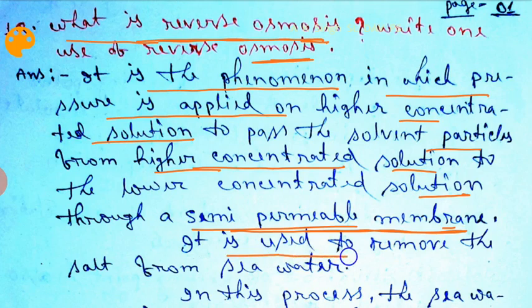It is used to remove the salt from seawater, because generally metropolitan cities are located on the bank of sea, and water is supplied to those cities from sea. So seawater is purified by the process called reverse osmosis.